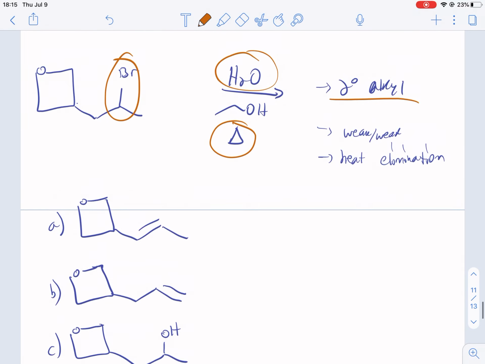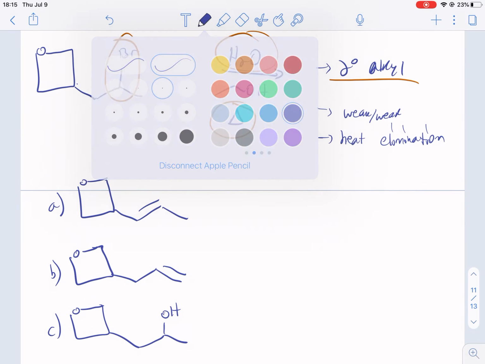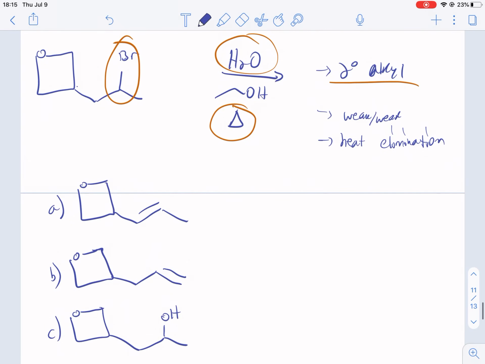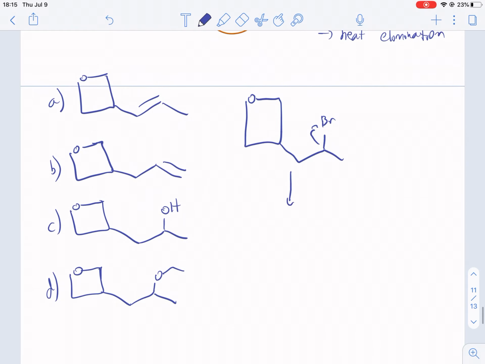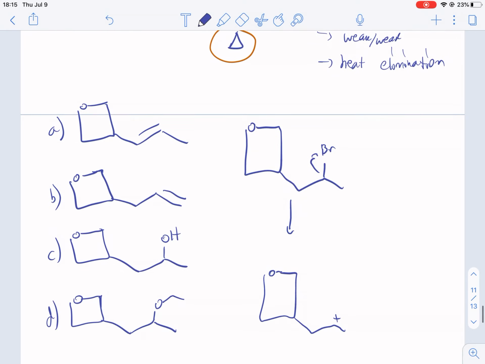Okay, so now let's do the reaction scheme. In the rate determining step, the bromine's going to leave. Then you're going to have your carbocation, right?